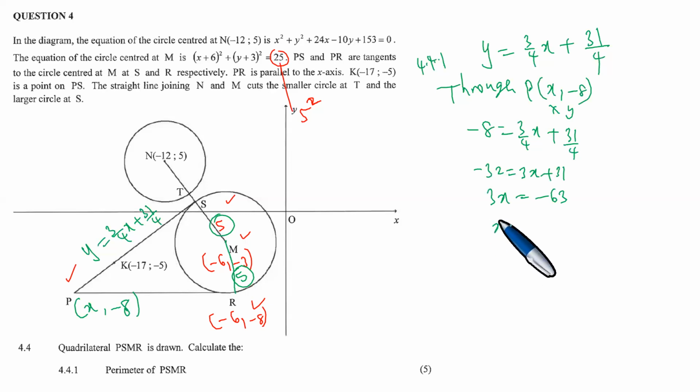You divide by 3, which is -21. If this is the case, then it's -21. So the coordinates of P, therefore, are x equals -21 and y equals -8. Those will be the coordinates of the point P. Next, what do we do?